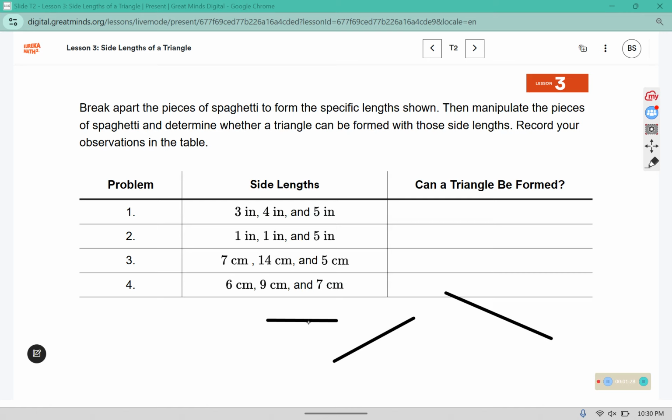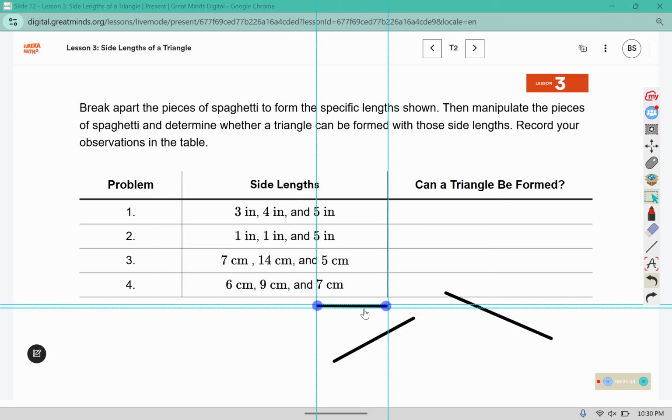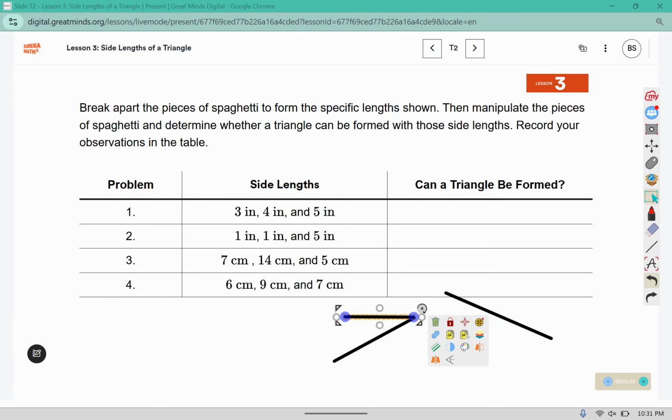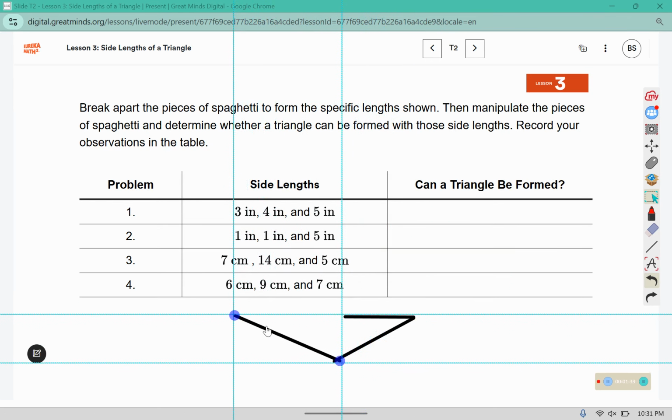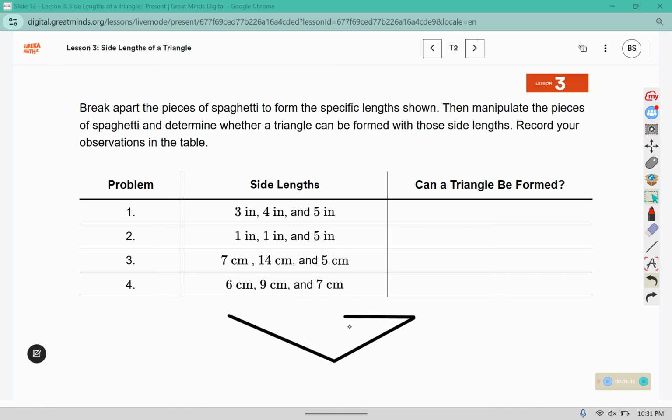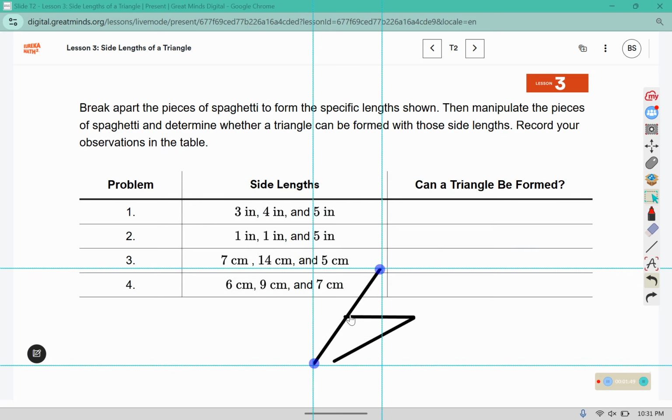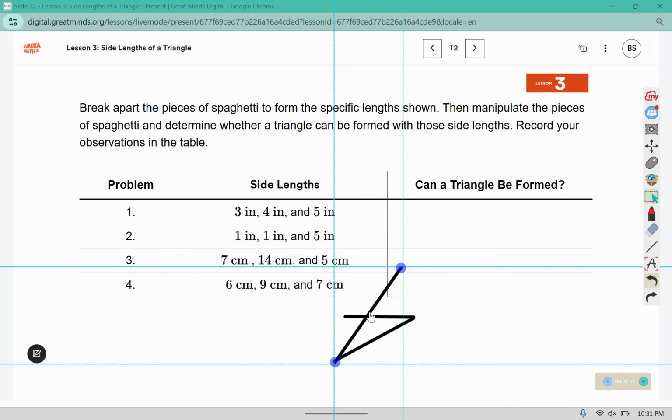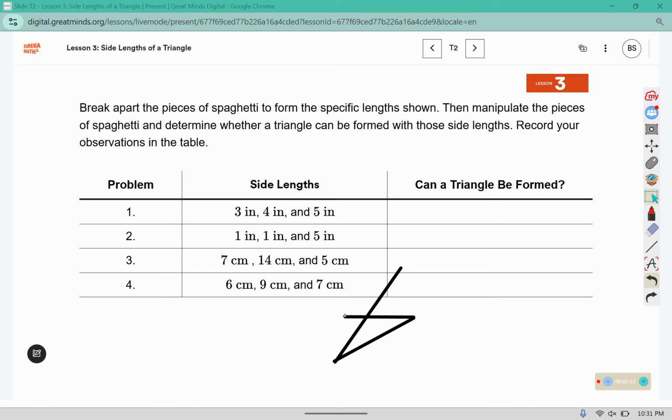So here I have the 3, 4, and 5 piece. Our job is to connect the endpoints and make sure that all 3 endpoints touch. So this does not create a triangle because there's this big empty gap. I can rotate, but this does not create a triangle because this endpoint and this endpoint are not touching.